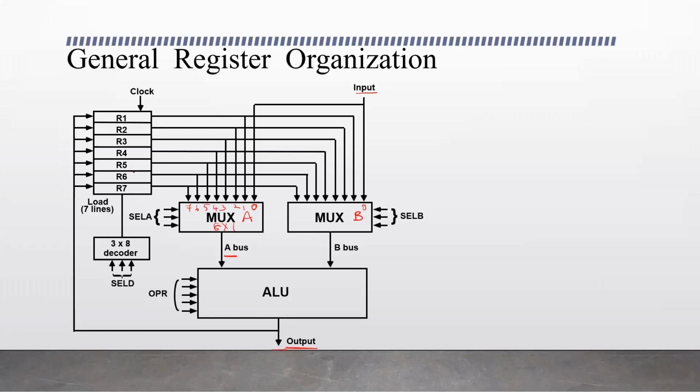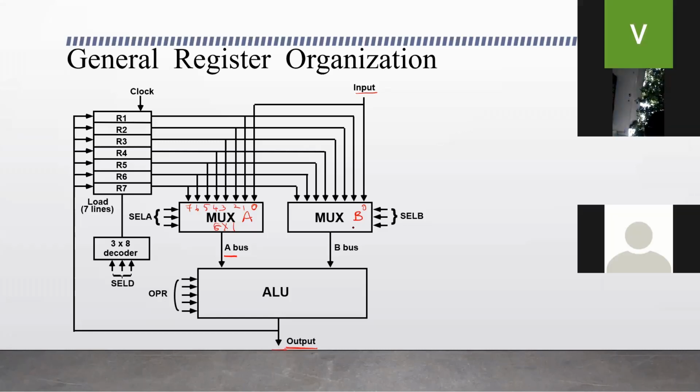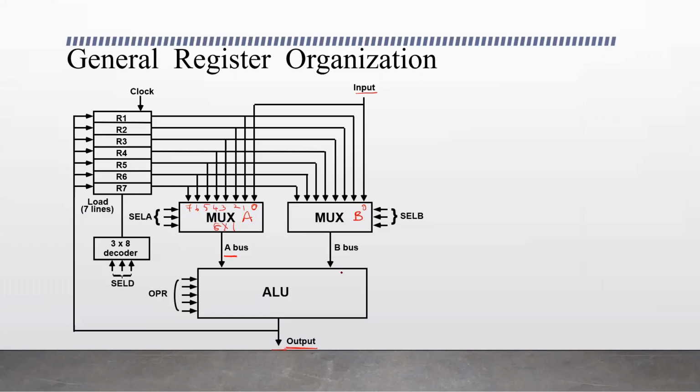And how are these operations controlled? What operations are being done here? Multiplexer A needs to select one of the 7 registers or the input, and multiplexer B needs to select one of the registers for the second input to the ALU, correct? Multiplexer A gives the first input to the ALU for performing some operation on the data, and multiplexer B gives the second input.